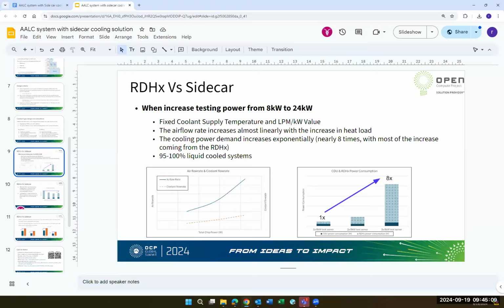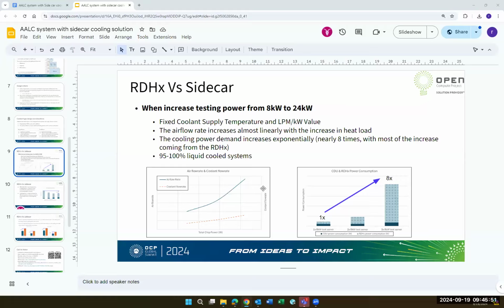And the second is what we found in our test result. Sorry, I think there's some typo on the flow rate. Exactly, we can see in the graph on the left, the linear line should be the orange one, which represents the coolant flow rate. So I think the airflow rate in the second point will need to be revised to the coolant flow rate. Yes, I think there's some typo in this document.